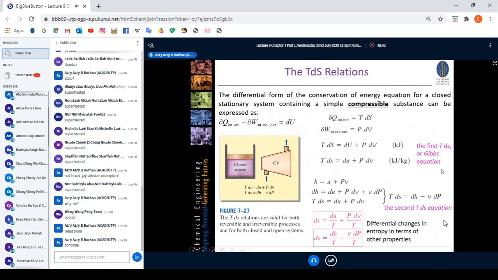This is regarding what we call the TDS relation of a pure substance or any working fluid. Okay, so now let us assume you have a compressible substance within a closed system, or even a compressible substance that is flowing into and out of a control volume.